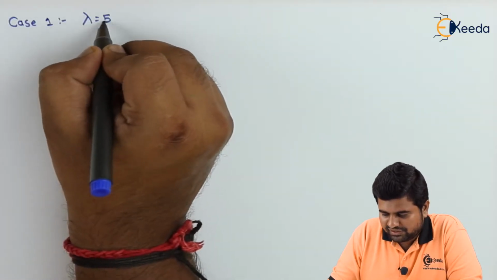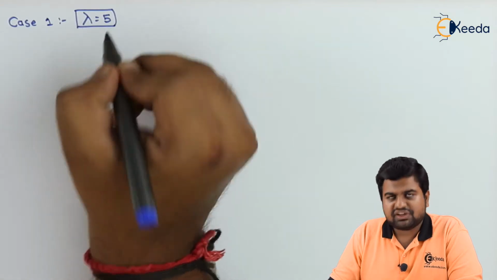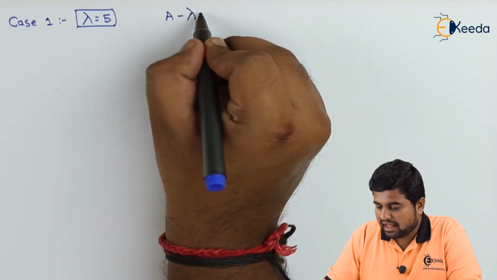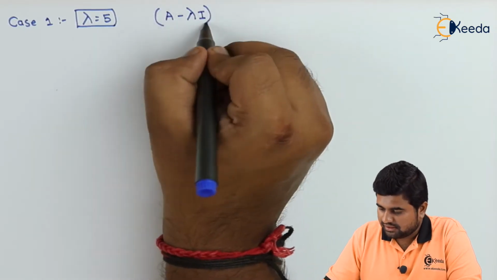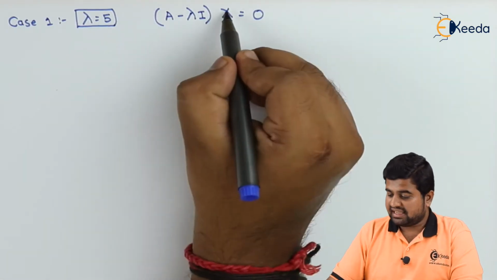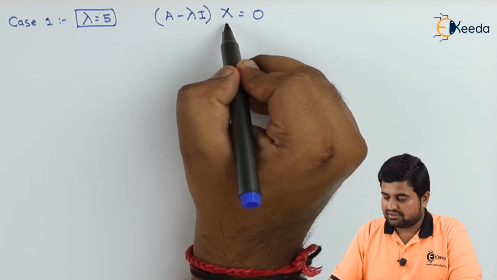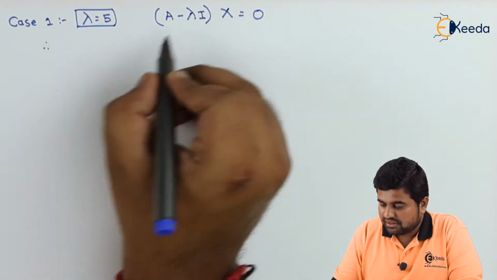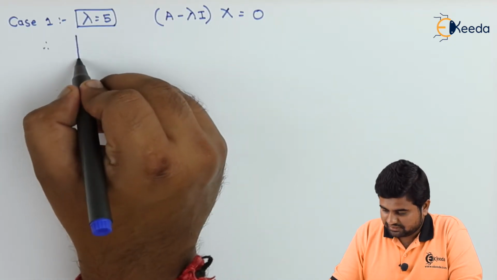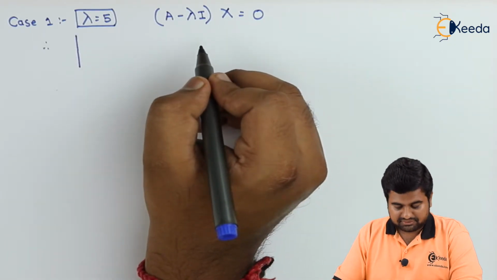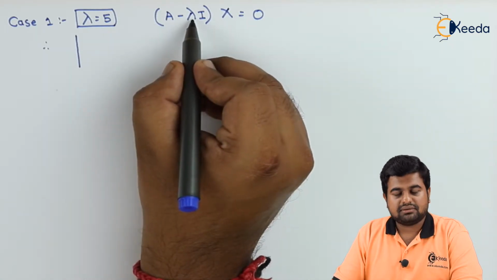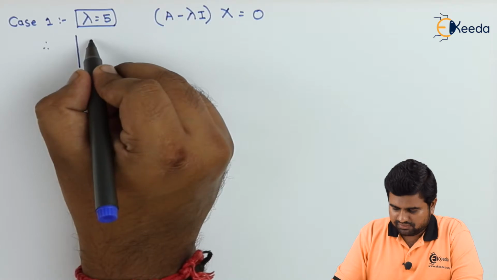Now we know the characteristic equation is A minus lambda I into x is equal to 0, where x is an eigenvector. So therefore, we know what A minus lambda into I is. Now what is the value of lambda over here? So let us calculate now.